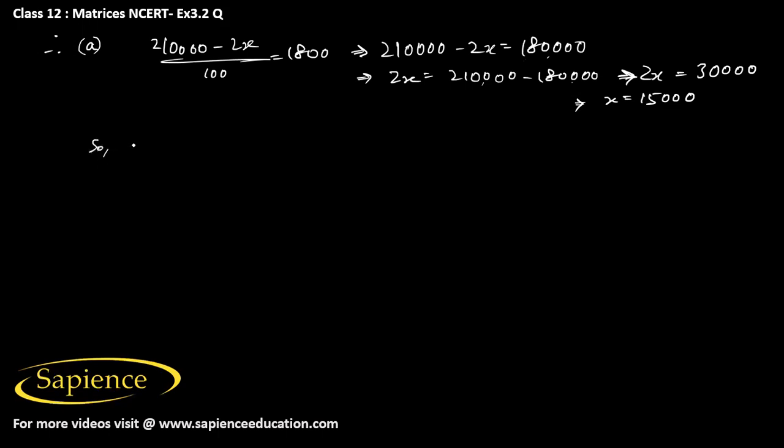So here we should say that for the total annual interest to be rupees 1,800, there should be an equal investment of 15,000 in each of the two bonds.